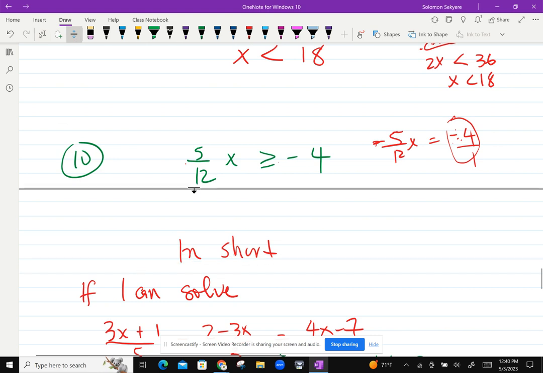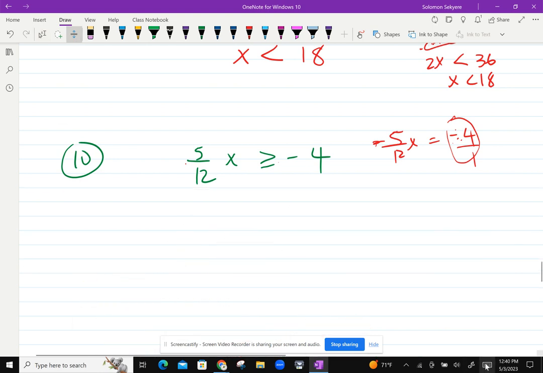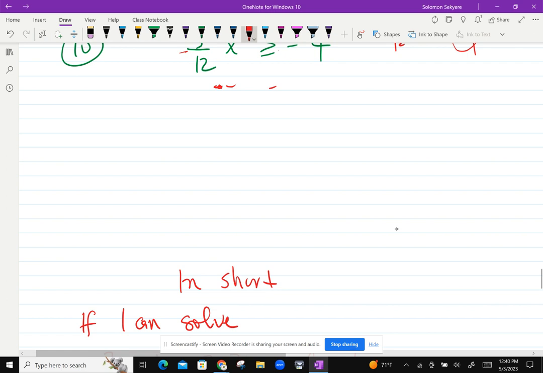It only changes if the negative sign is attached to my variable. So here it still becomes 5x is greater than or equal to negative 48. And then x is greater than or equal to negative 48 over 5, which is negative 9.6, something like that.